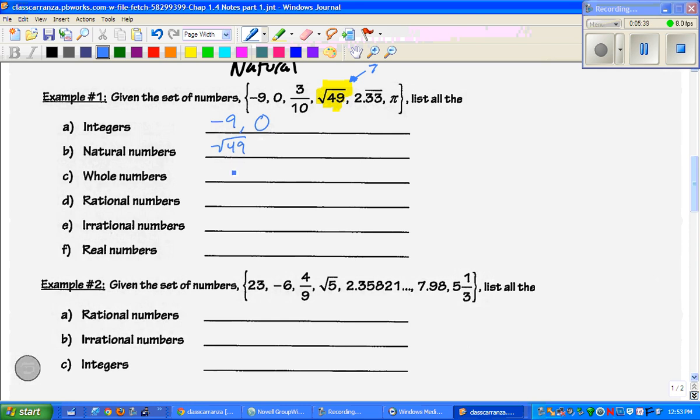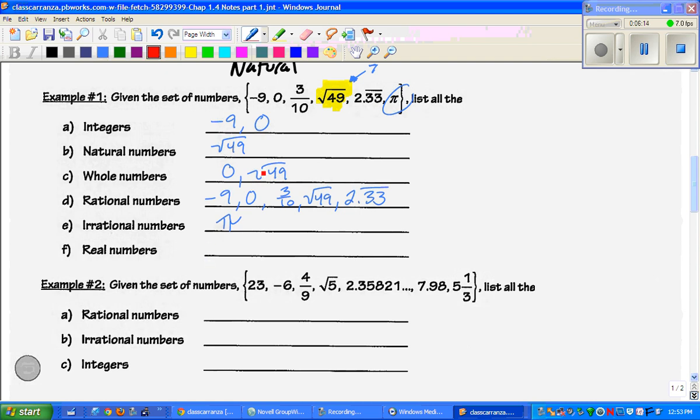Whole numbers. Whole numbers in this group are 0 and 49. My rational numbers, -9, 0, 3 over 10, because that's a fraction, square root of 49, and 2.33 repeating, okay? My irrational numbers, we only have one in this group, and that is pi.